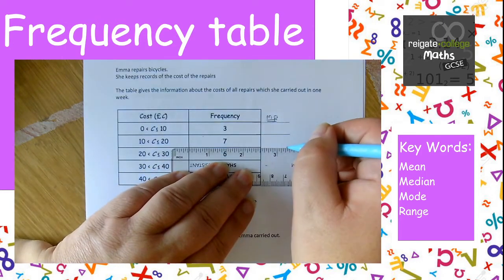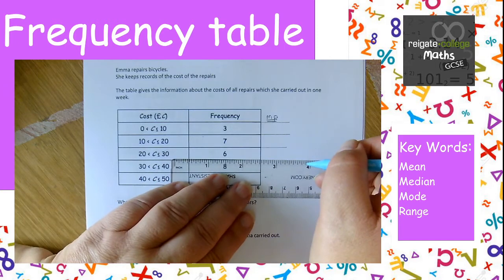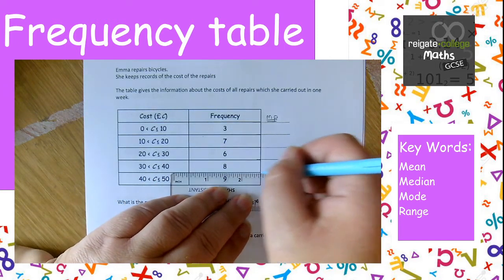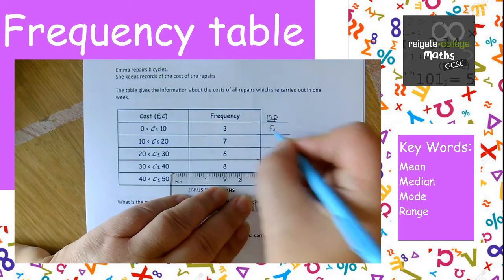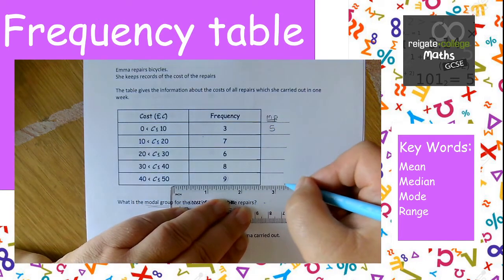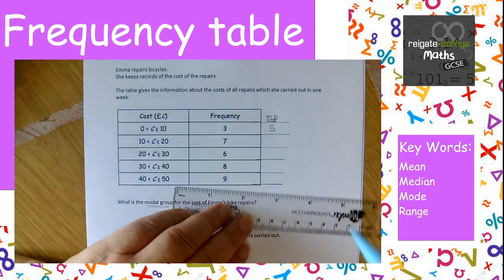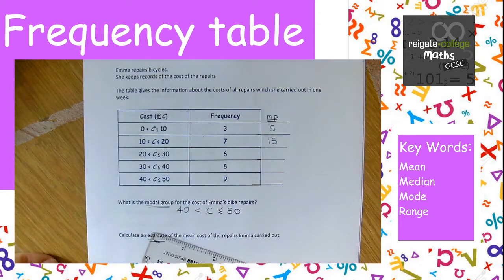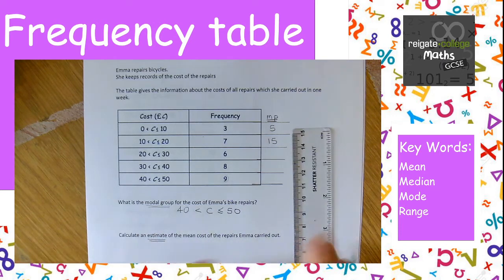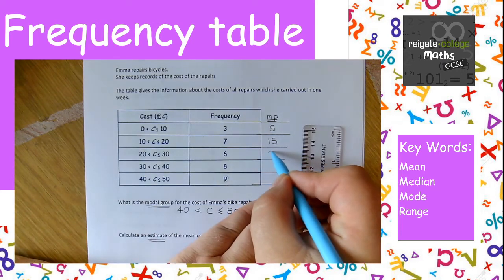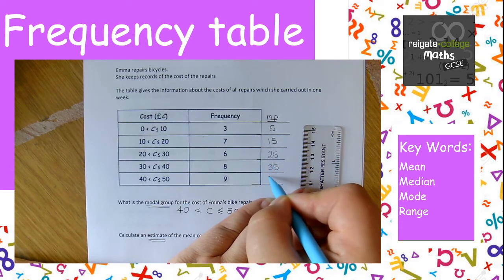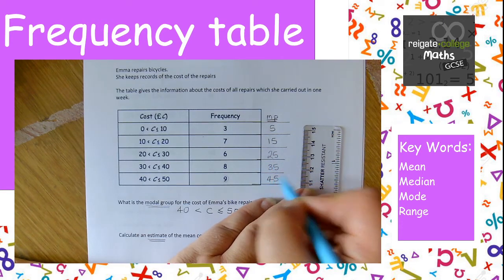So the first group is a number between 0 and 10, so the midpoint is £5. The next group between 10 and 20 is £15. The third group is £25, £35, and the final group £45.